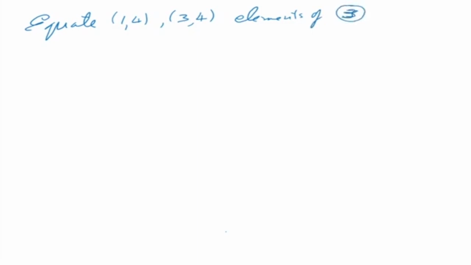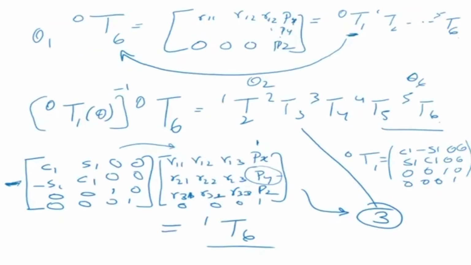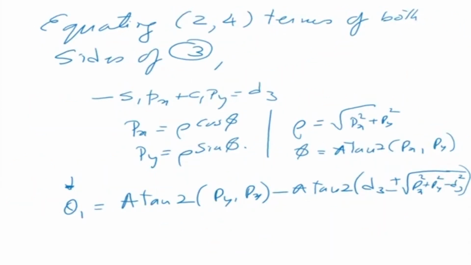So we go back to our equation 3, which is this one, and we target the 1 4 element. So 1 is this one and 4 is that side. 3 4 is this, 3 is this one row, and 4 is this one. So what you'll be getting is pz here you'll be targeting. So you'll get 2 equations with 2 variables, and then we can try and solve them.